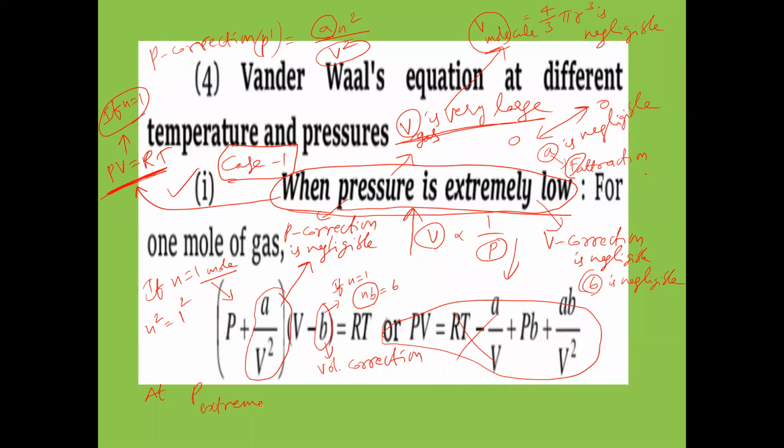So at extremely low pressure, the real gas behaves like an ideal gas. This point, keep in mind. This condition will be the same when you take extremely high temperature also.